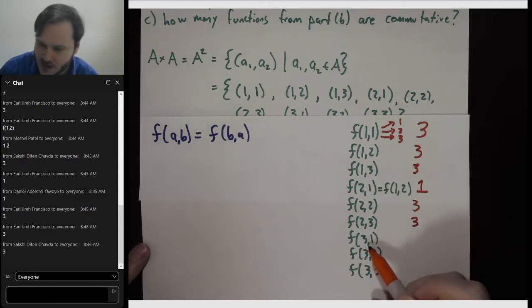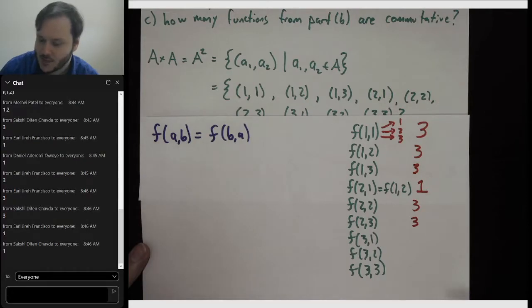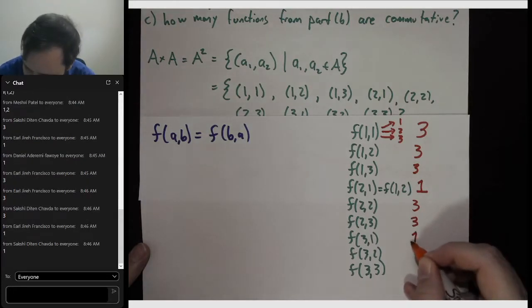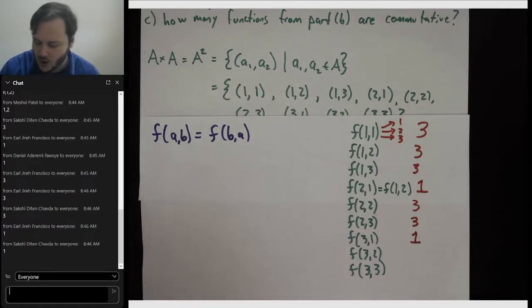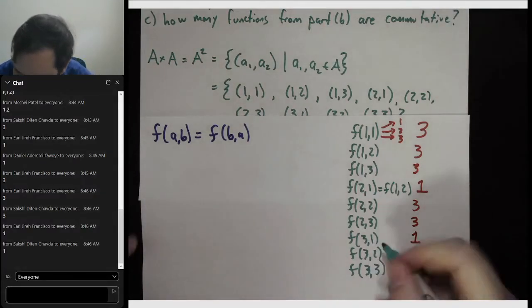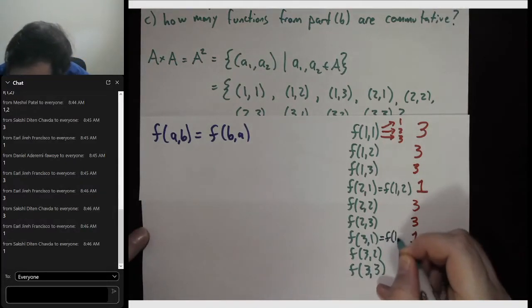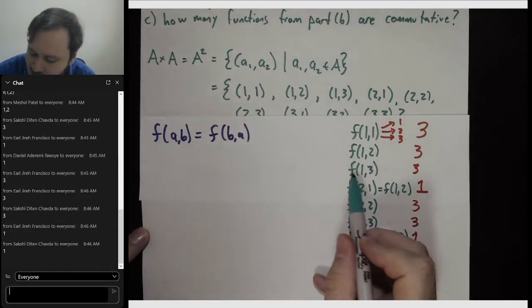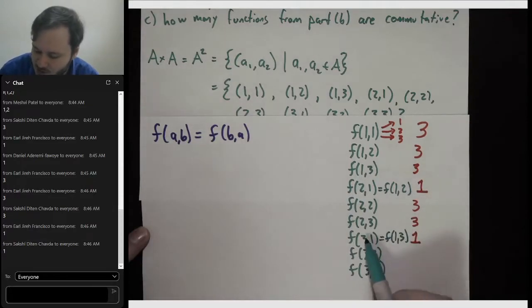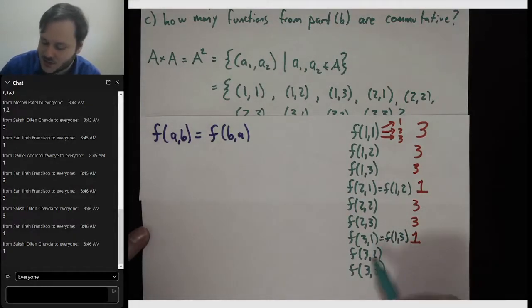What about f of 3 comma 1? I'm back down to 1 choice. f of 3 comma 1 has to match f of 1 comma 3. I already picked f of 1 comma 3 up here, fixed a value for it up here. Now it has to match. f of 3 comma 2, same thing.